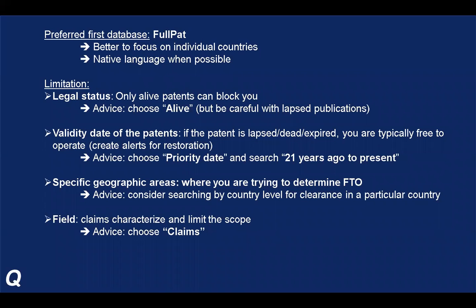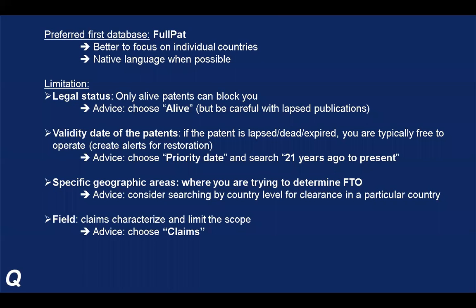Instead of seeing the entire family, if you wish to focus on a specific patent document, you can use FullPat. It is also recommended to use the native language whenever possible. Though the database takes care of your keyword, in some jurisdictions you also have to use the native language to check whether the keyword was in fact translated correctly into the English term.